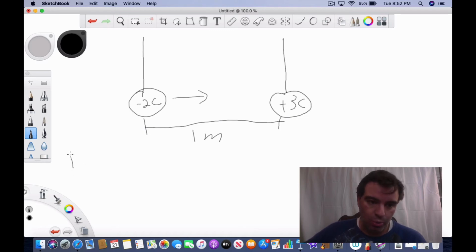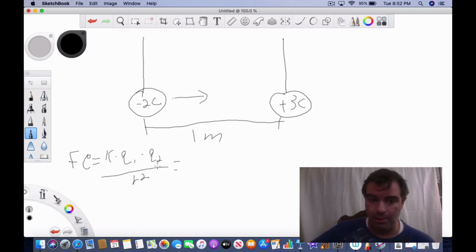We're going to go to Coulomb's law. F_e equals k times q1 times q2 divided by r squared, and we plug our numbers in. k is always constant and never changes. It's straight in your reference table.